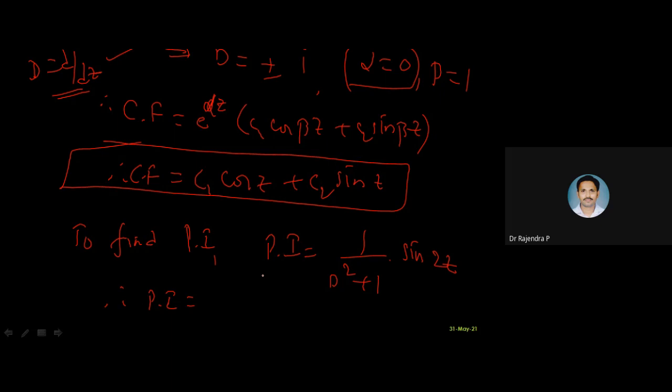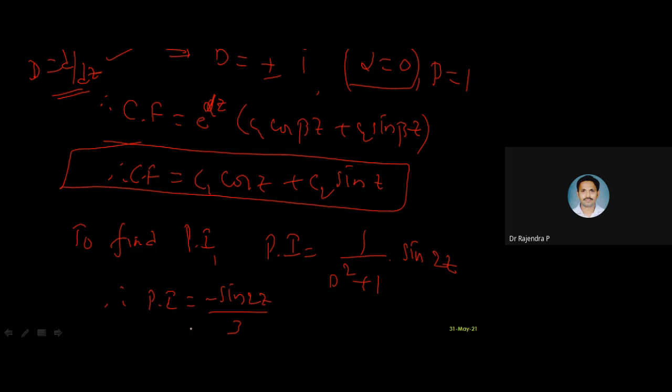So directly you got the result. If you go for the method of variation of parameters by taking the complementary function in a particular form, assuming, then finding u and v, it's a really lengthy process, right? Not required here. That is the reason we already know the shortcut for this. So minus 4 plus 1, that will be very simple. Minus sin 2z by 3. This is your particular integral.